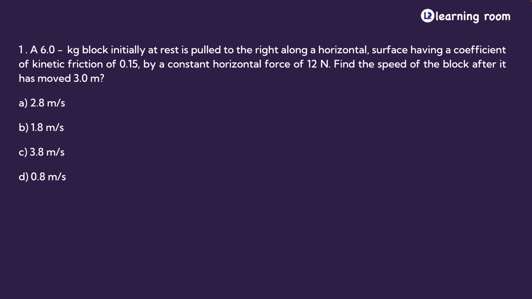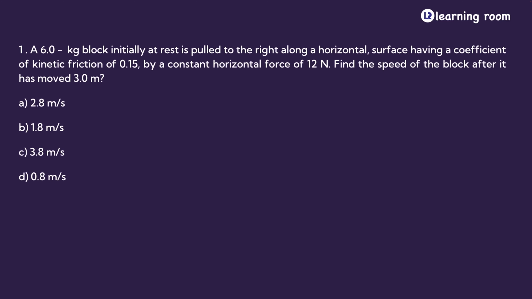So the question is, a 6 kilogram block initially at rest. There is a horizontal surface, and there is a 6 kilogram block which is initially at rest. It's being pulled by a force of 12 Newton, right?